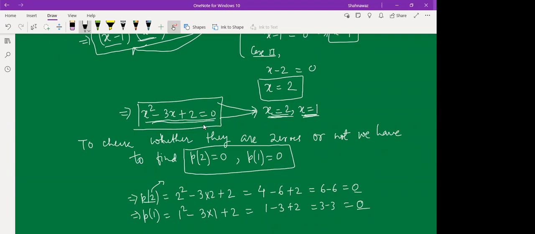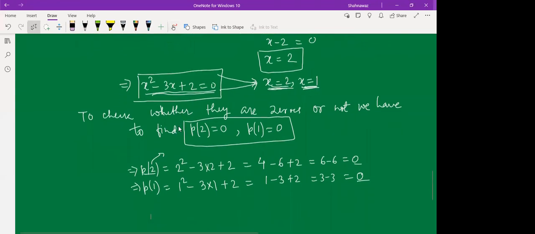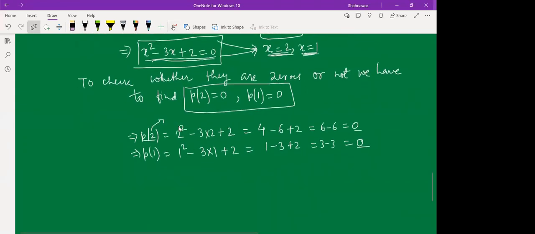If you have any confusion that you have got the wrong zeros, you just put the values of those x and see whether this is 0 or not. If this is 0, then you got the right answer, and if that is not zero, then you have to do the calculation again, right? Okay, sir. So any question up to this point? No, sir.